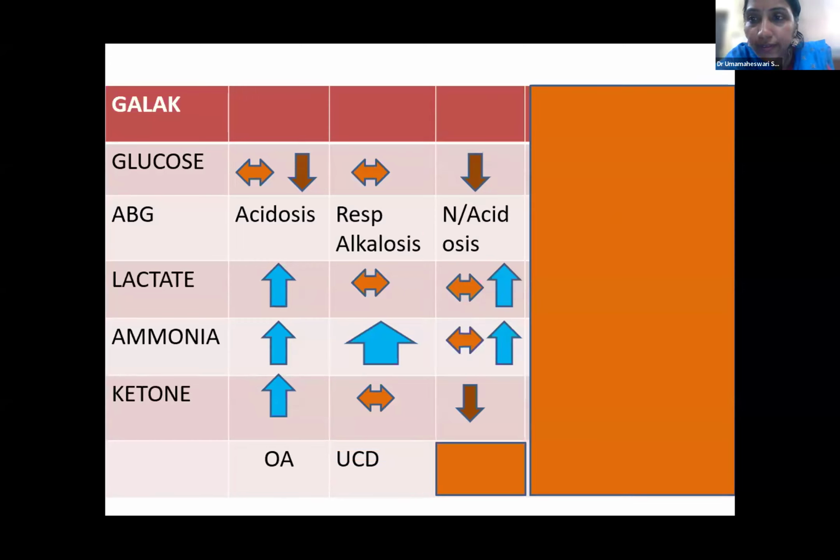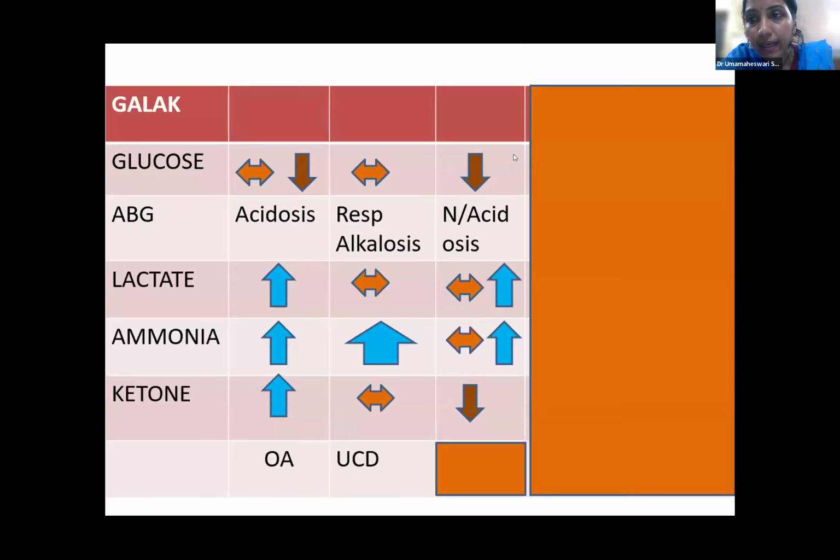This one: hypoglycemia, ABG is showing normal or acidosis, lactate is elevated, ammonia is elevated or normal, ketones are reduced, or hypoketotic hypoglycemia. I'm getting NKH.